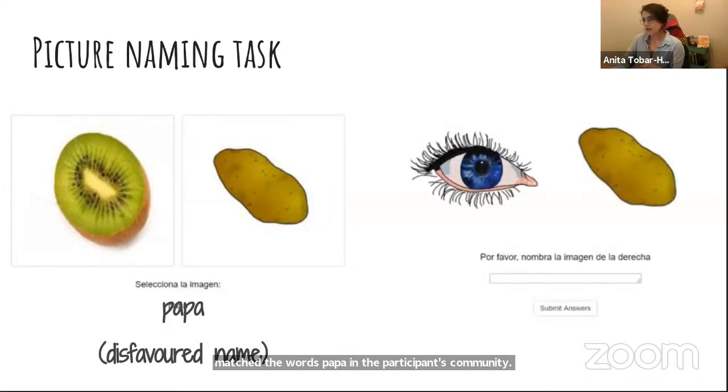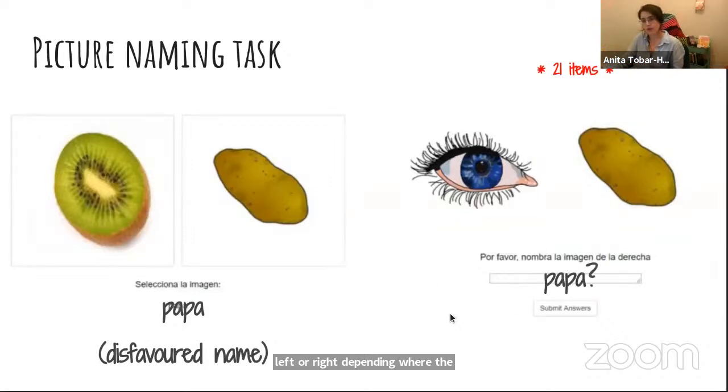Then in a subsequent naming trial, participants were asked to name the picture that was either on the left or the right, depending on where the target picture appeared, which was randomized. We measured whether they reused the disfavored name that they had experienced their partner using before. In other words, whether they entrained to this disfavored name.